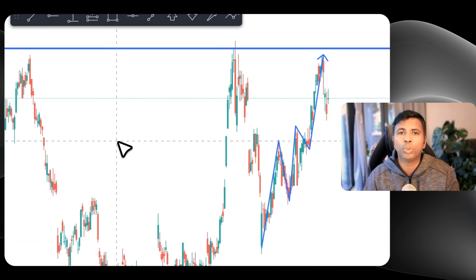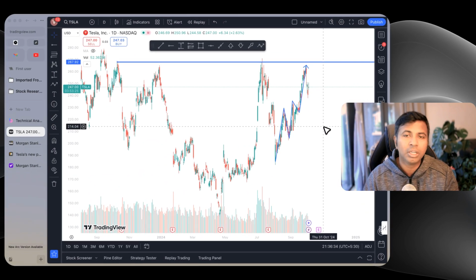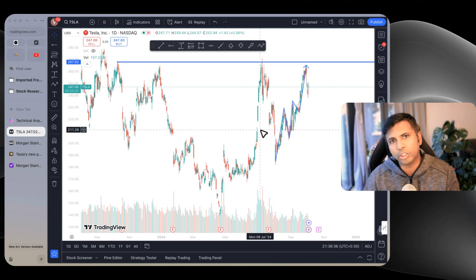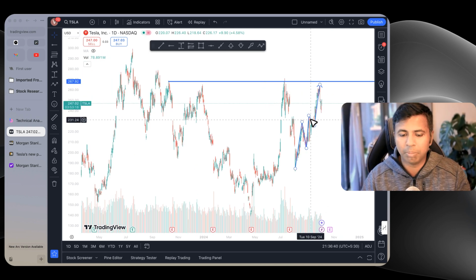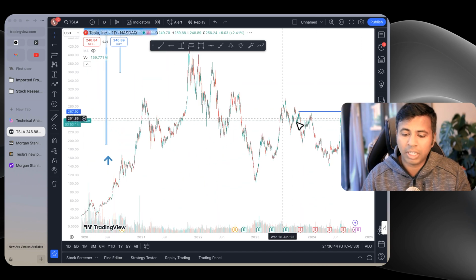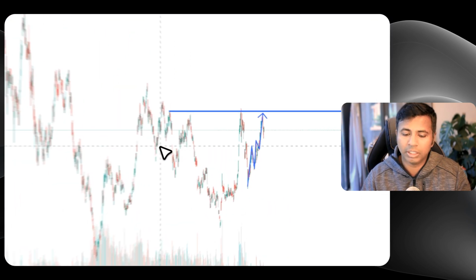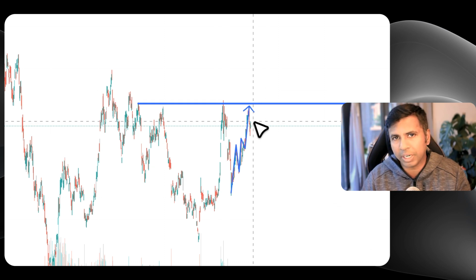This clearly shows that the price is moving in a sideways trend, and Tesla stock is still in a consolidation phase. The stock hasn't clearly broken out of this major resistance yet, and that's the reason why we say the stock is still consolidating and still trying to make sense of what the company is trying to do.